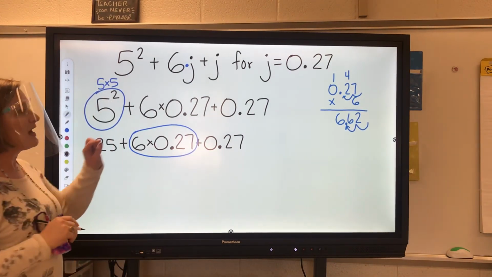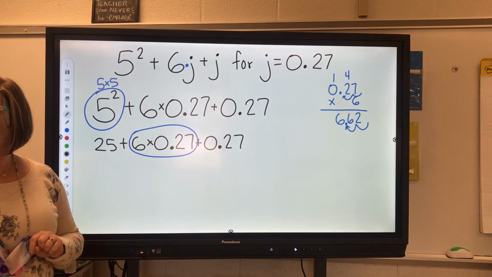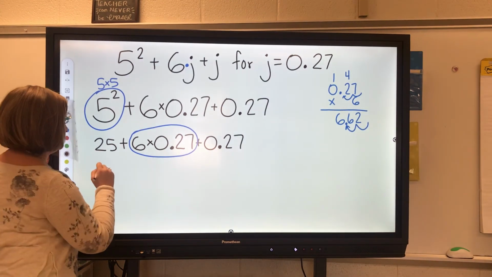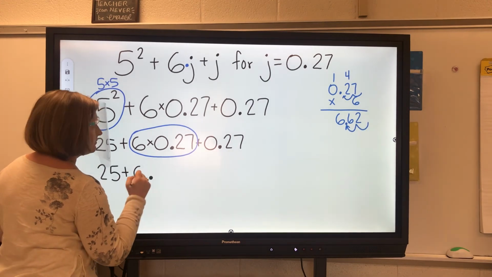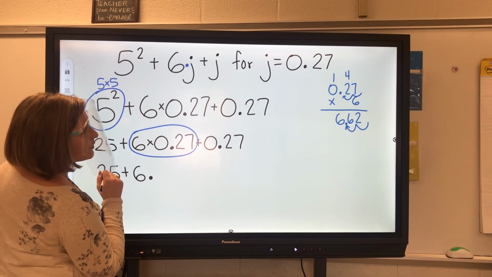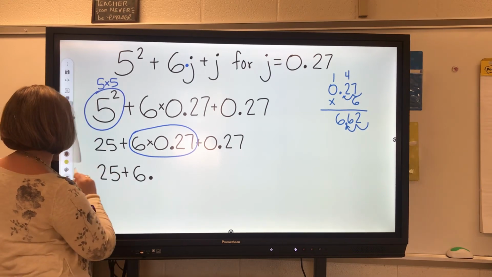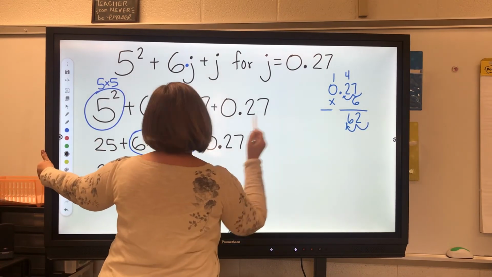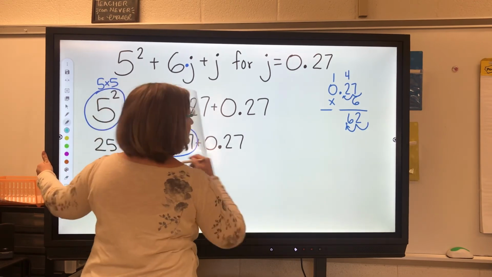How many people got 6 and 62 hundredths? You put a 6 before the decimal. I put a 6. It's supposed to be a 1, isn't it? Yes, ma'am. Oh, Lord, y'all. That's why Bree was looking at me like I was crazy.